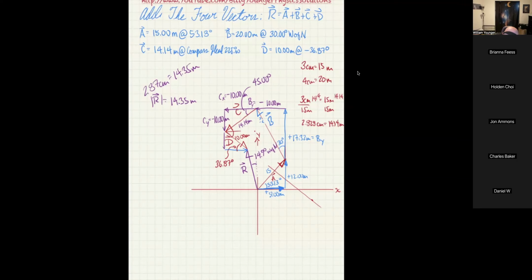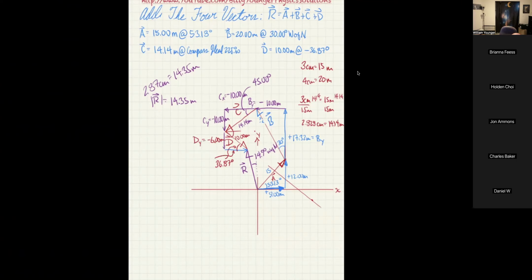So opposite the 36.87 would be the 3 side. And since the hypotenuse is 10, that's clearly 5 times 2. So I've got to multiply 3 times 2. This side would be negative 6.00 meters, because 3 times 2 is 6, and that would be d sub y.